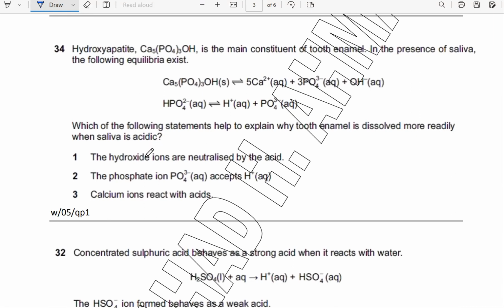You got two reactions going on. The hydroxide ions are neutralized by the acid. You see? He's asking which of the following statements helps to explain why tooth enamel dissolves more readily when saliva is acidic. So why does it dissolve in acidic conditions?